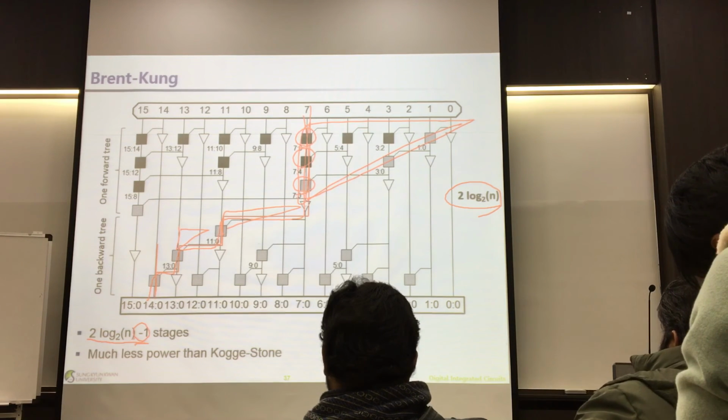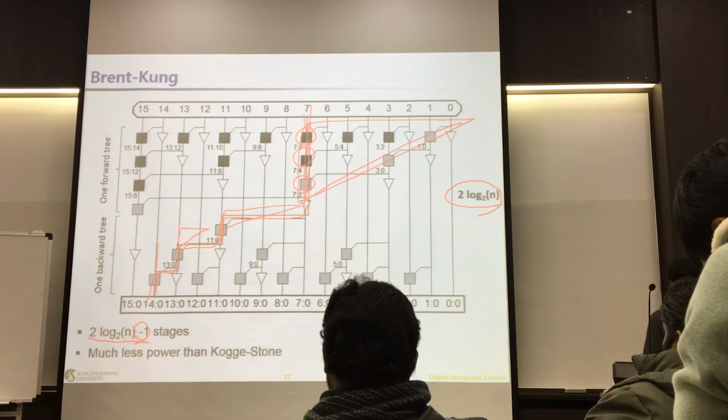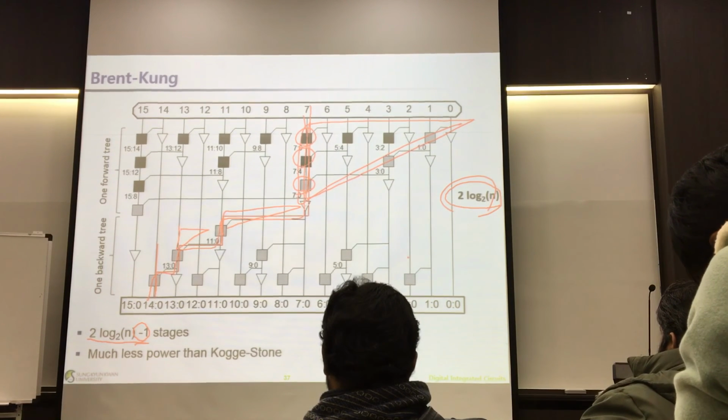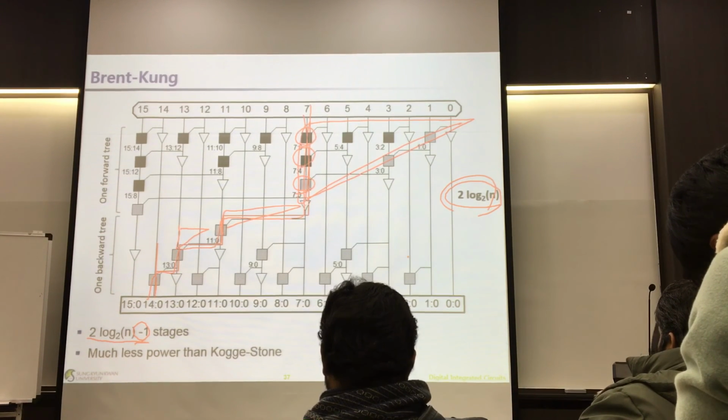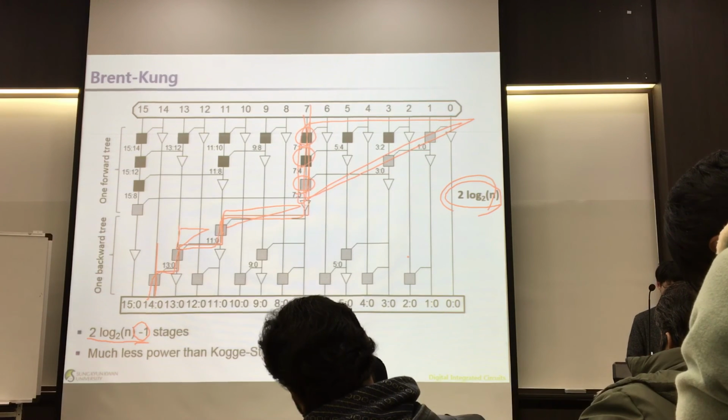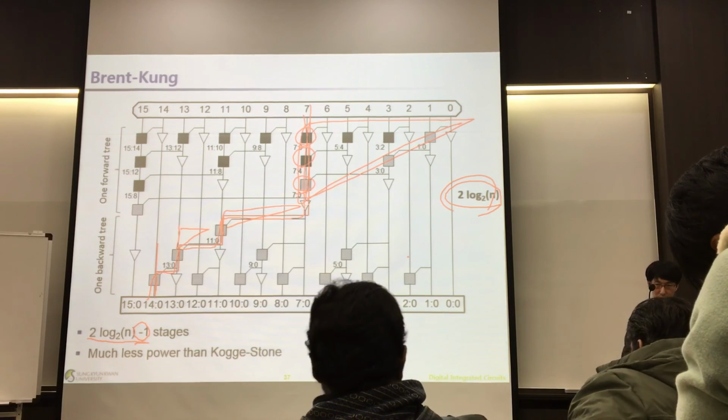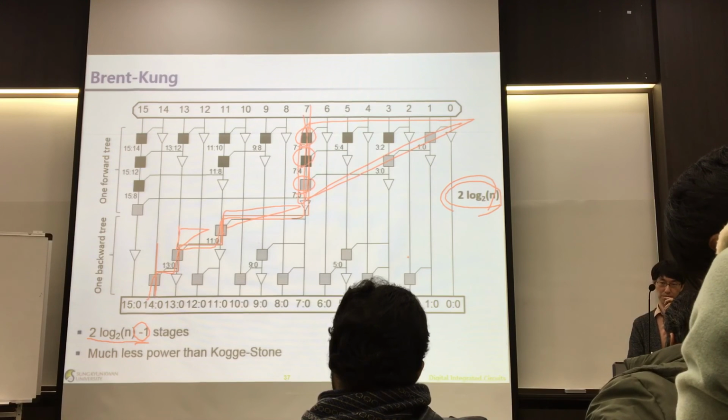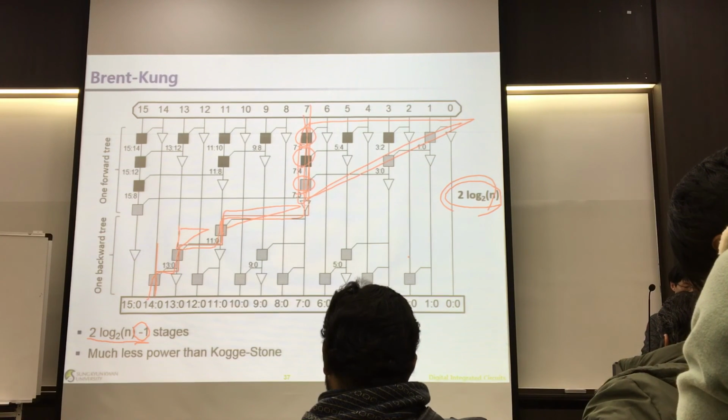I think minus 1. So this is an approximate order. So much less power consumption, and of course smaller area, but longer delay.